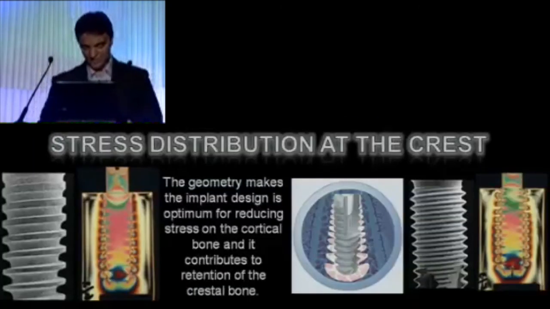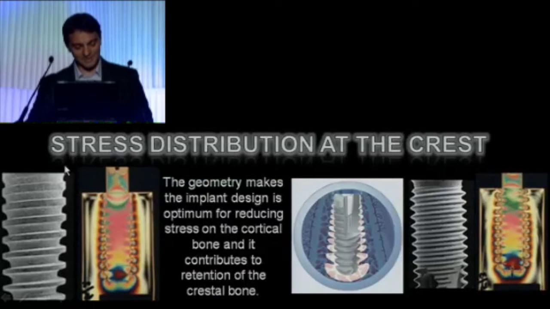I'm finished, just a few slides and I'm at the end. And look at this, how the threads and the neck design can improve the stress distribution at the crest. The specific thread design of the Ankylos implant is able to dissipate the stress more evenly in the apical part of the implant.